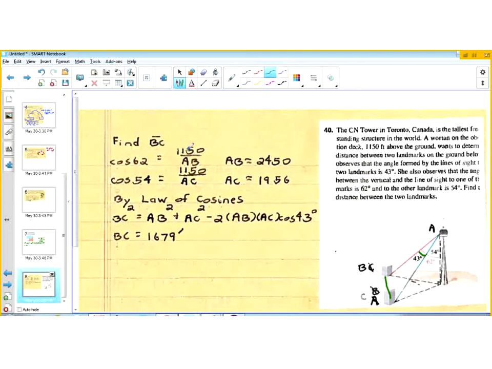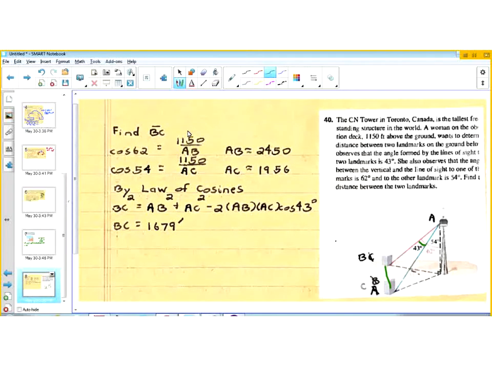Okay, so how can we proceed? We want to find BC, the length of line segment BC. We proceed with calculating the cosine of 62 degrees. Which triangle is that? Let me erase this markup. Where is 62?